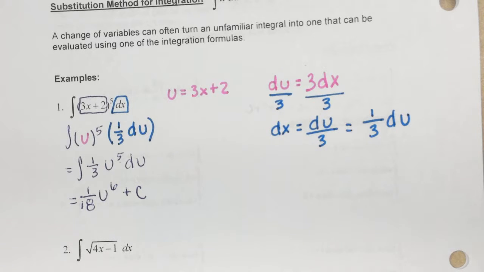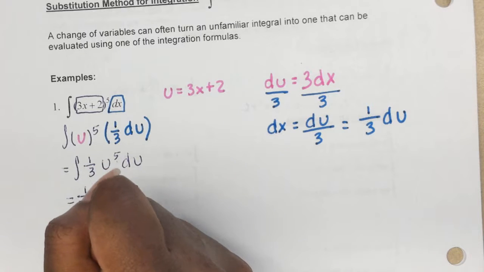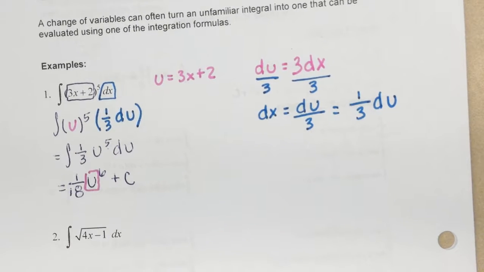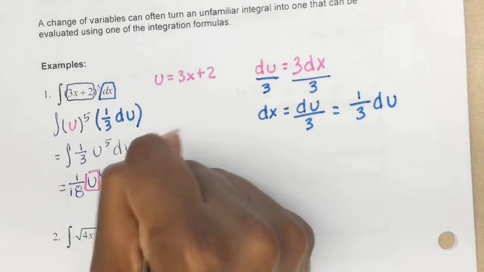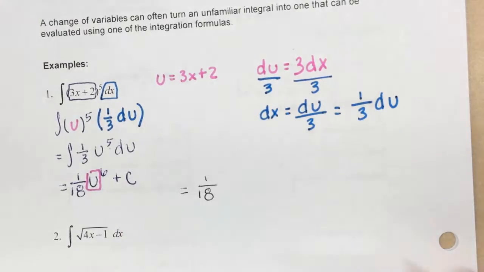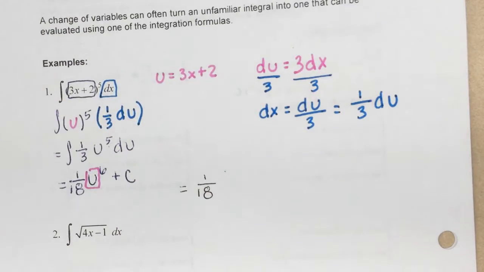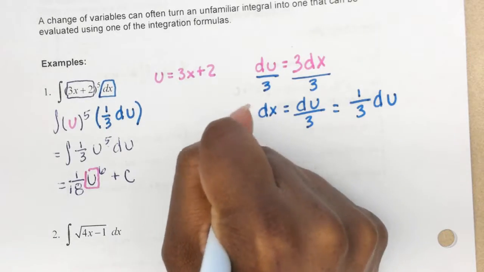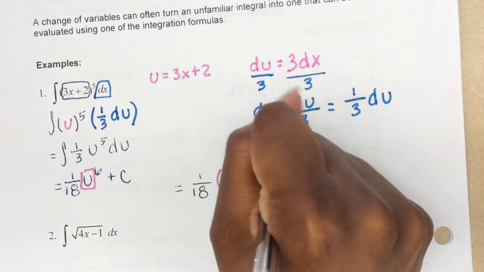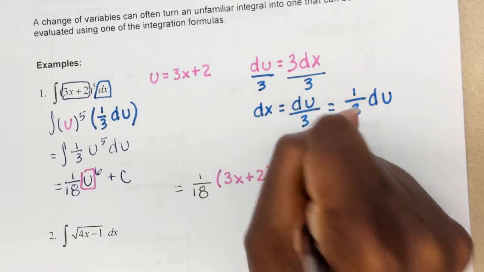Now my final step in all of this is to put back u. So this is going to equal 1/18, and I'm going to put u back, so 3x plus 2 to the 6th power plus c.